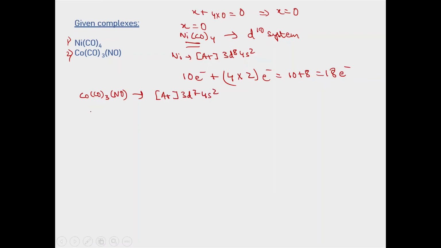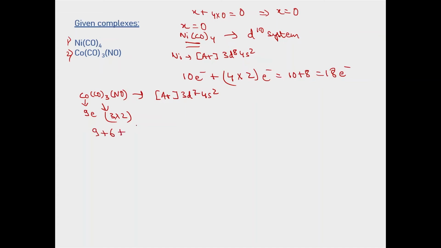If we use the neutral method of counting the valence electrons, then since it is a d9 system, we will get 9 electrons from cobalt. Carbonyls donate 2 electrons each, so 3 into 2, which makes 9 plus 6.